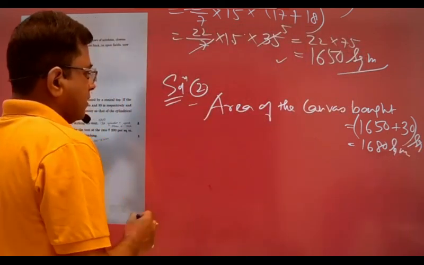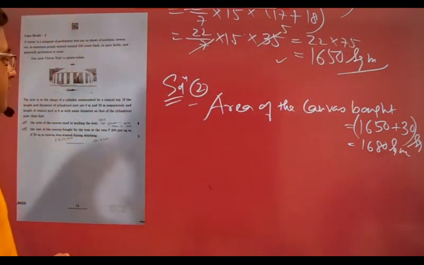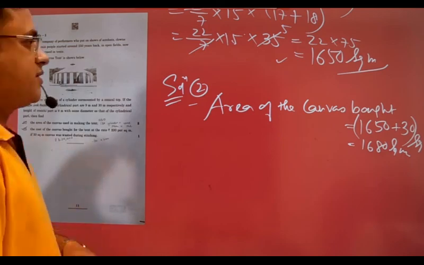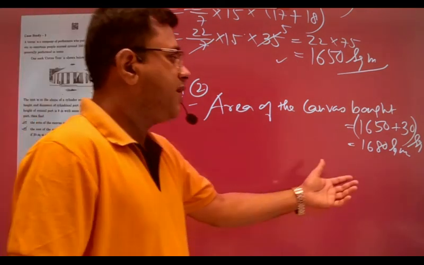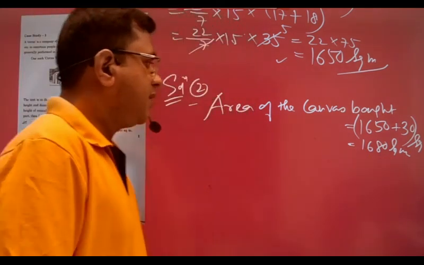Okay. Then it is given that for 1 square meter the cost is 200. Then what will be the cost for 1680 square meter?